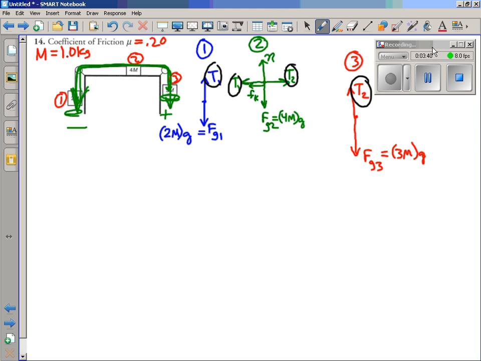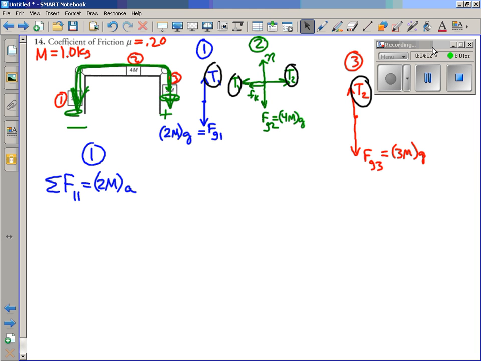And if we do that for object 1, I'm going to say that the sum of the forces in the direction parallel to motion equals the mass of object 1. The mass of object 1 is 2m times its acceleration.